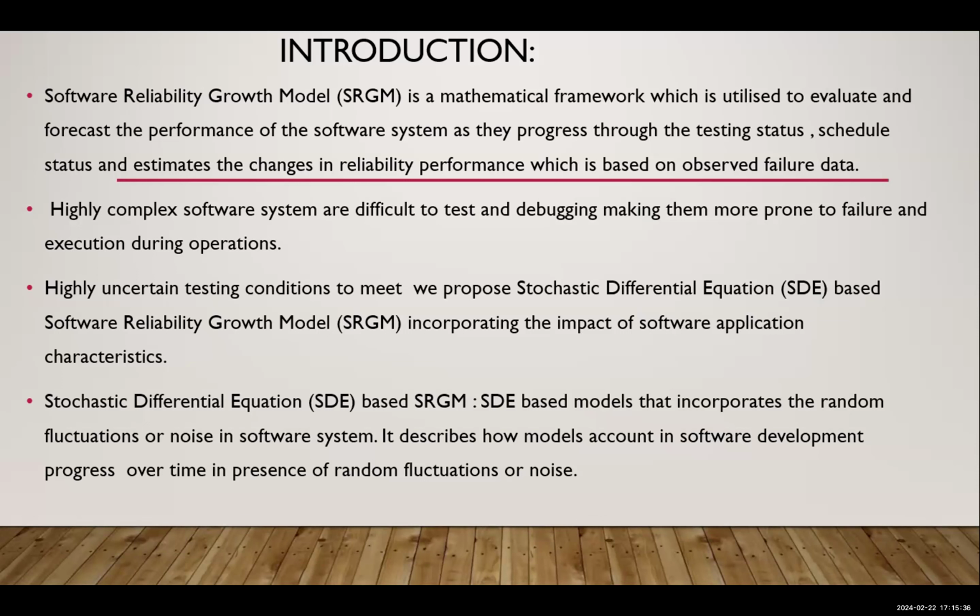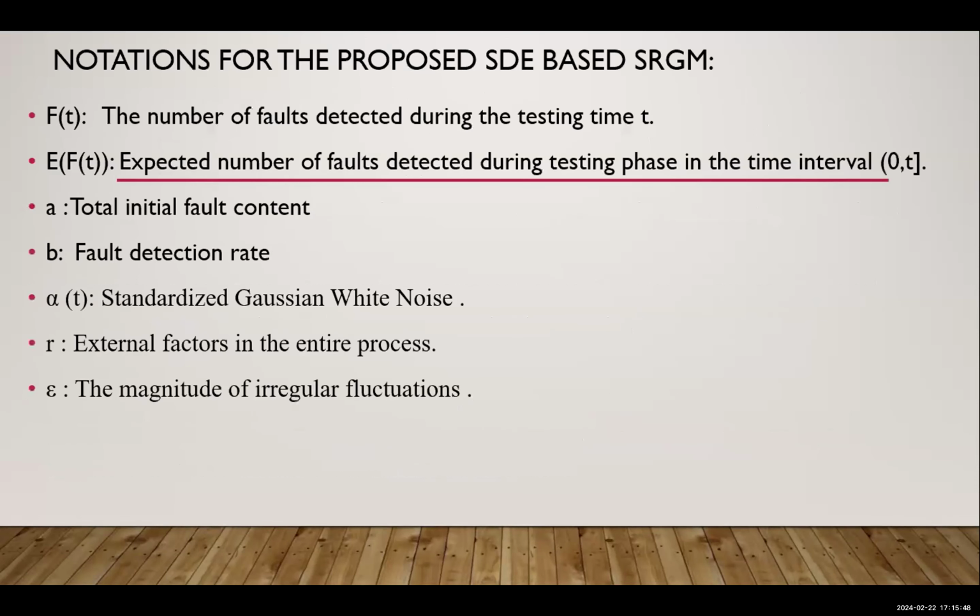The SDE based model incorporates random fluctuations or noise in the software system. It describes how the model accounts for software development progress over time in the presence of random fluctuations or noise in the system.